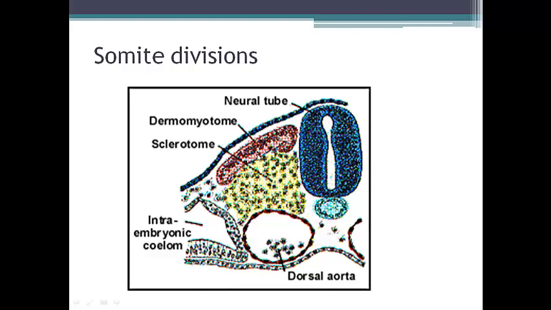And then the dermomyotome, which is further away and closer to the surface of the body, is going to end up giving me the muscles and the dermis. And remember, the epidermis already developed from the ectoderm. So essentially the skin comes partially from ectoderm and partially from mesoderm.